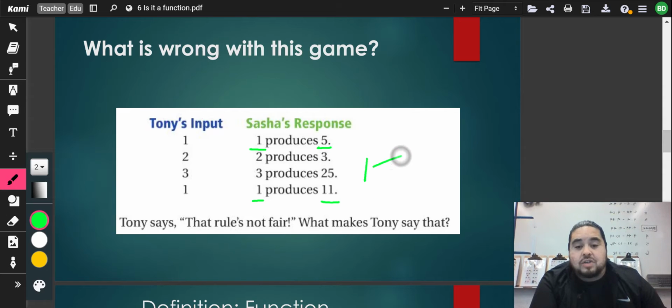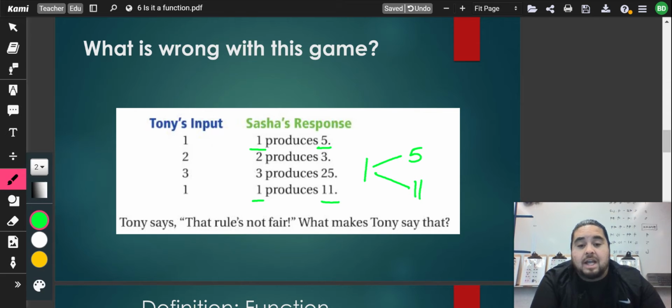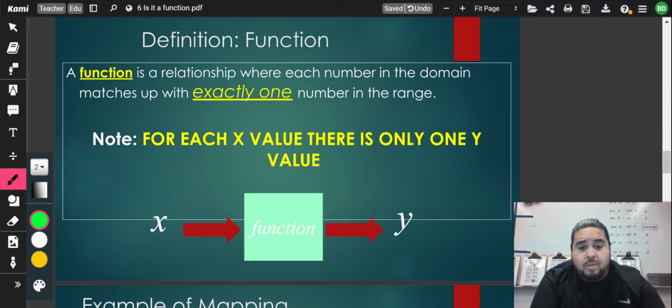So 1 has two possible outcomes, and we don't know which one it's going to be. So that's an issue because it violates that definition of function where every x can only link up with one y.